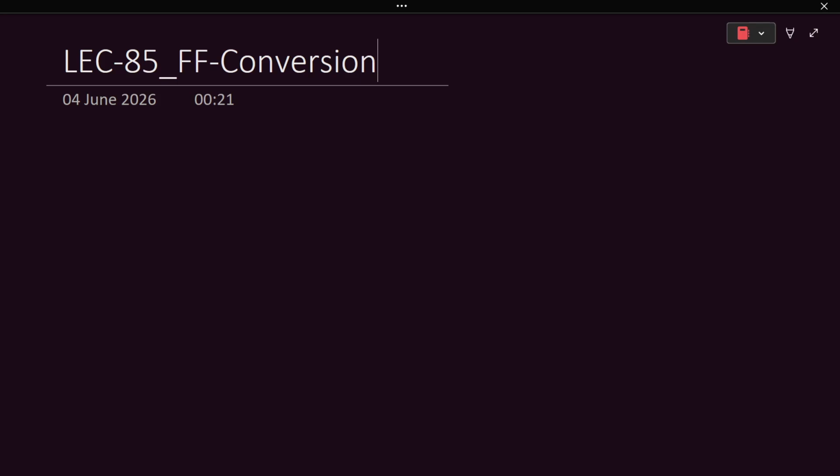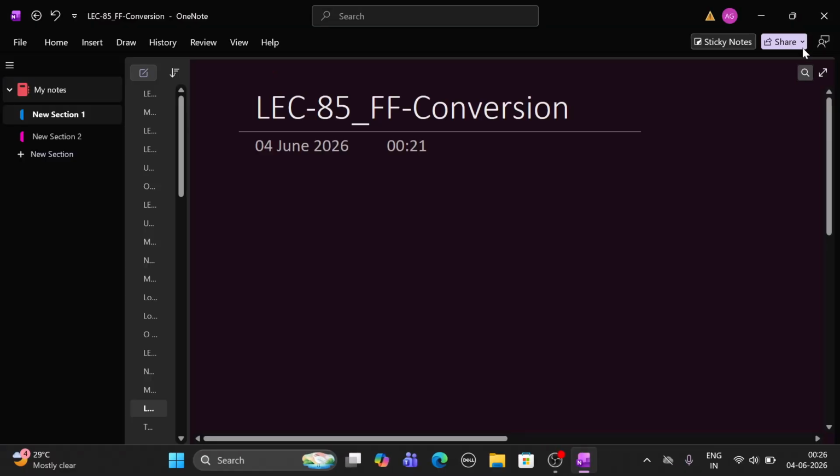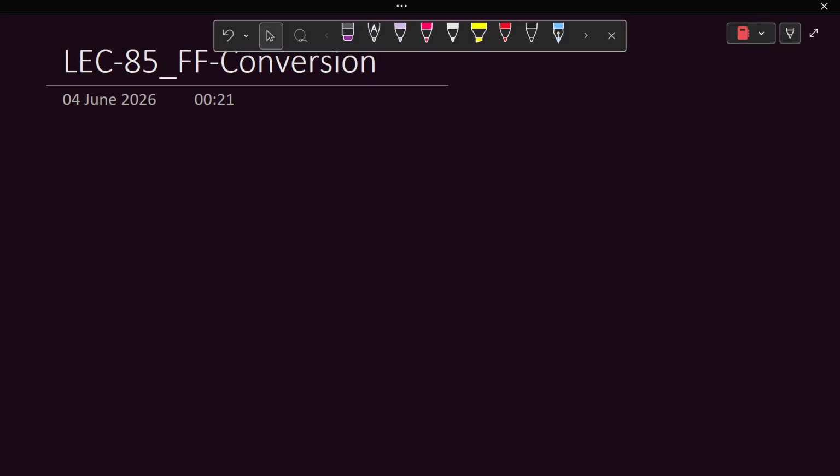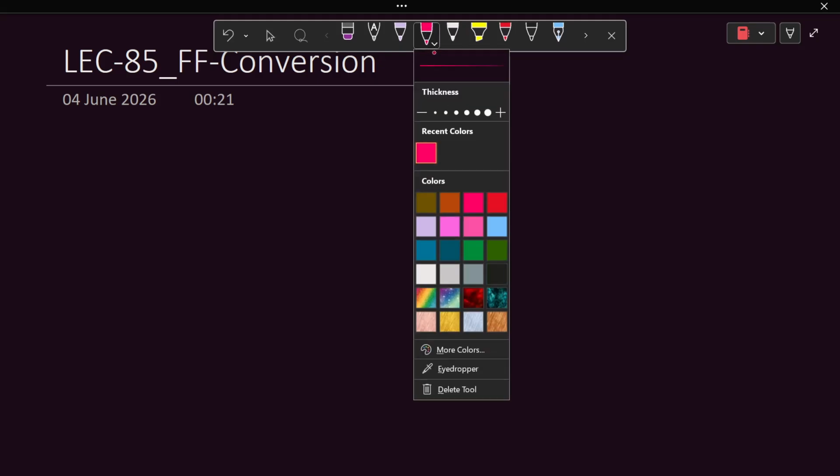So you must also know the excitation tables of different types of flip-flops. Without wasting any time, this recording is on, so let's proceed to the flip-flop conversion steps.